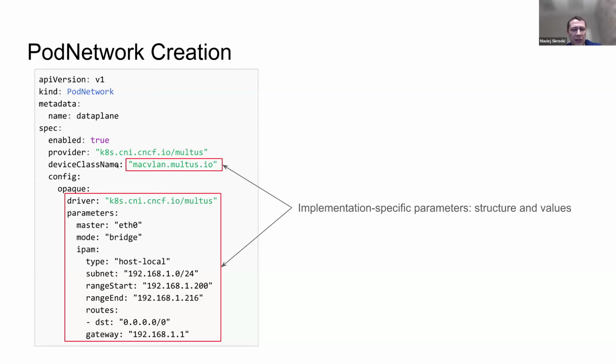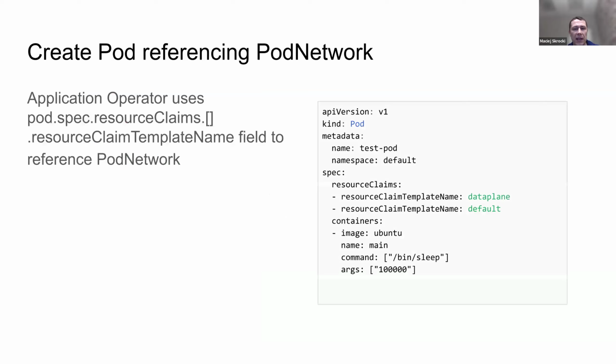And as you can see, those are exactly DRA fields: the device class name, and then the opaque config that the implementation can define, and the user can use to further specify what they want to do. So basically, the object is passing some information into the DRA aspect, where later in the pod itself, the user just references that network object in the pod.